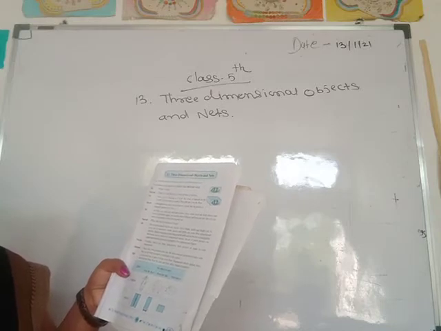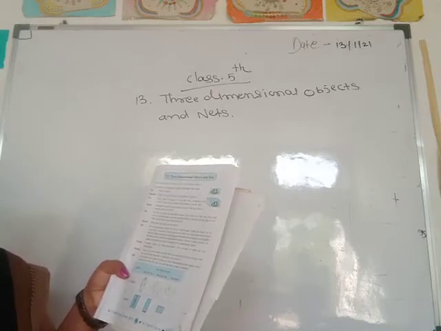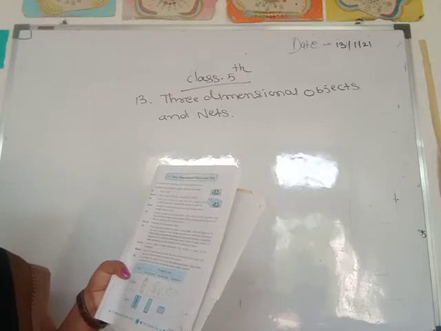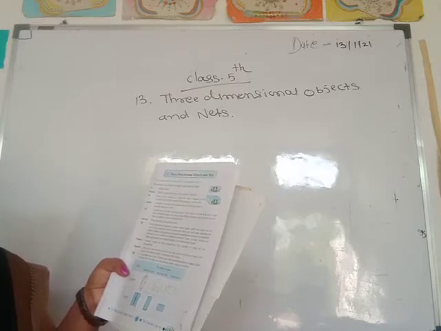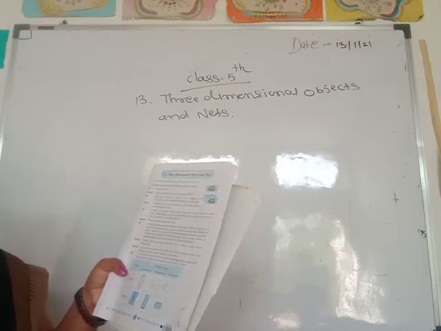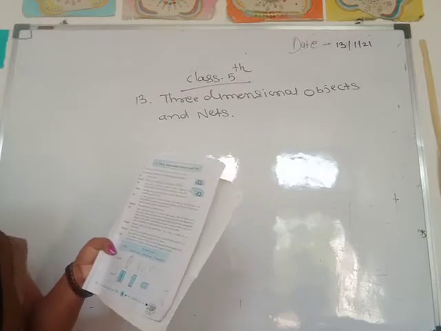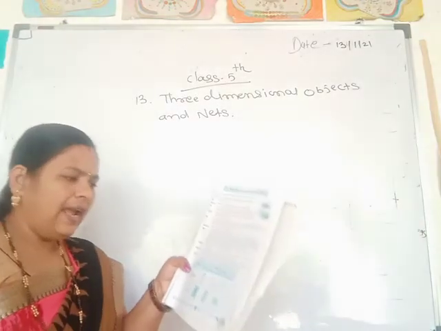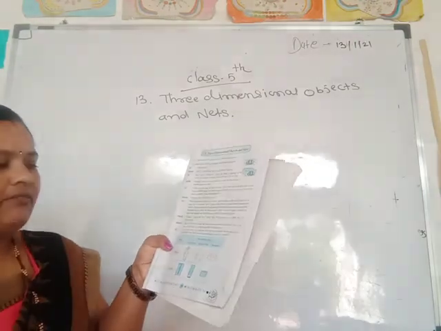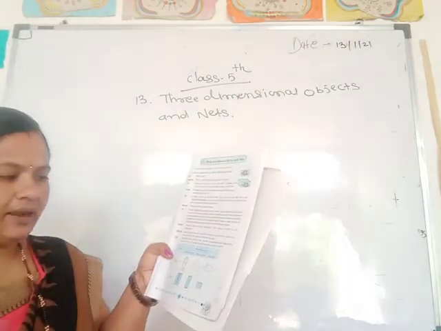Let me show you a chart. It shows how three-dimensional objects appear when seen from the front, from one side and from above. Study it carefully. See here, the object is an elephant, and you observe it from the front, from one side and from above.